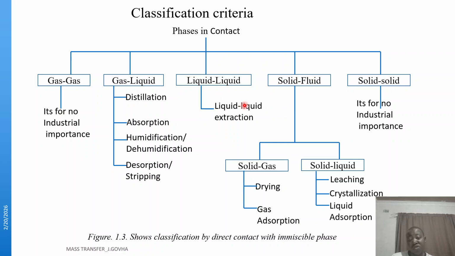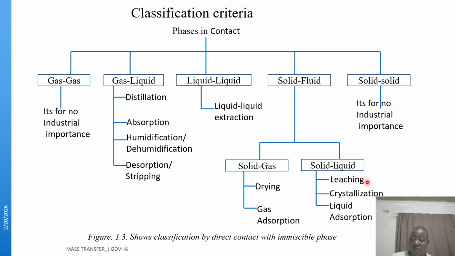Then you look at the solid fluid, which is further divided into your solid gas and solid liquid. If we look at the solid gas, we're talking about drying, we're talking about gas adsorption on a solid surface. An example there is your activated carbon. Then your solid liquid, there you are looking at leaching, mainly employed in the mining sector, and also oil extraction.